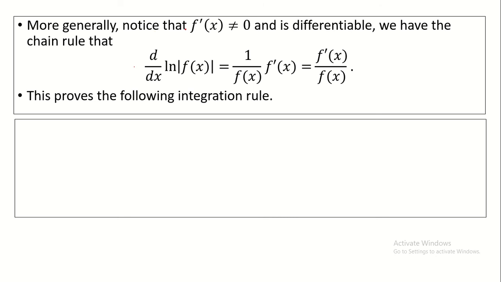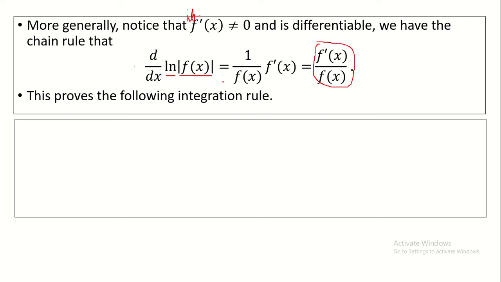More generally, notice that if f prime of x is not equal to 0 and is differentiable, we have the chain rule that the derivative of the natural logarithm of the absolute value of f of x is equal to 1 over f of x times f prime of x, or simply f prime of x divided by f of x.